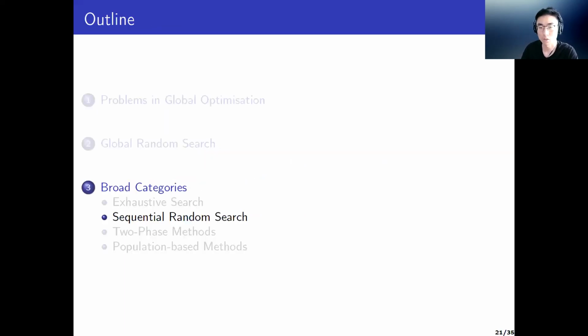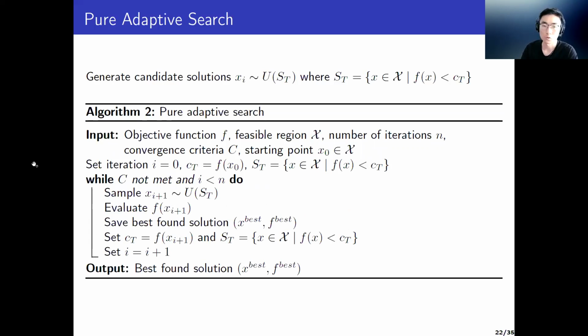Well, next we talk about the sequential random search algorithms, where we utilize the information about the previous observation points. The pure adaptive search algorithm is a natural variation of the pure random search. We define this level set ST that contains all the points X such that the values of objective function evaluated at these points are less than the threshold CT.